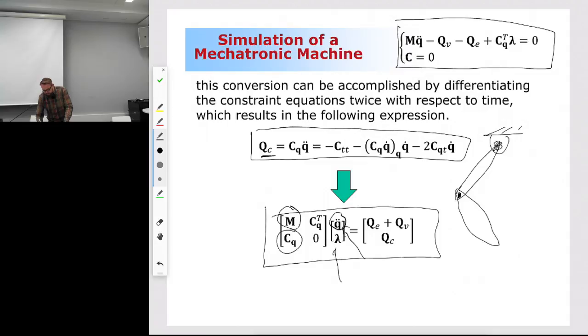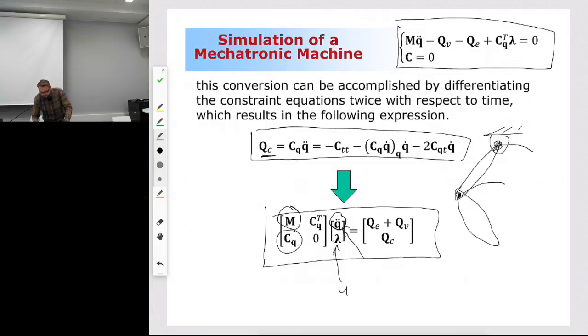Then I have here Lagrange multipliers. The number of Lagrange multipliers will be equal to the number of constraint equations, because they are a representation of reaction forces due to the constraints. That's the price we have to pay because of the constraints, reaction forces. So we have here revolute joints, 2 constraint equations each.